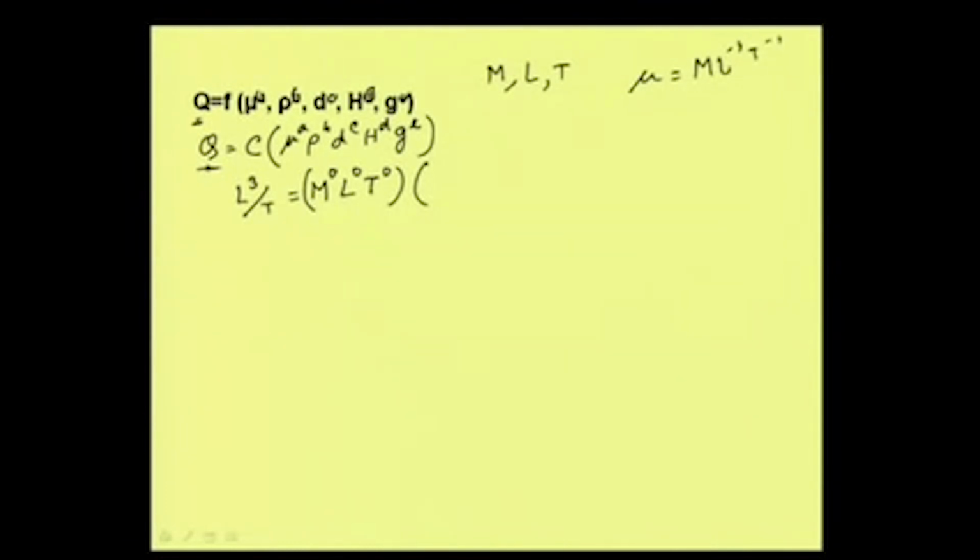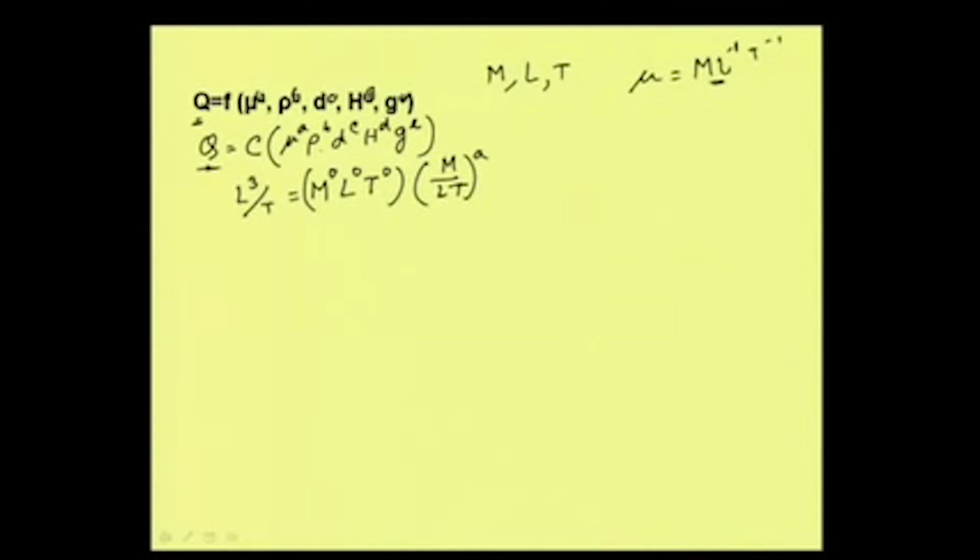I am not going back to that again, as we are supposed to know it at this level. So we can just recall that mu is M L to the power minus 1 T to the power minus 1. Now using that, we can write the dimension of this one as M by L T, M by L T to the power a.